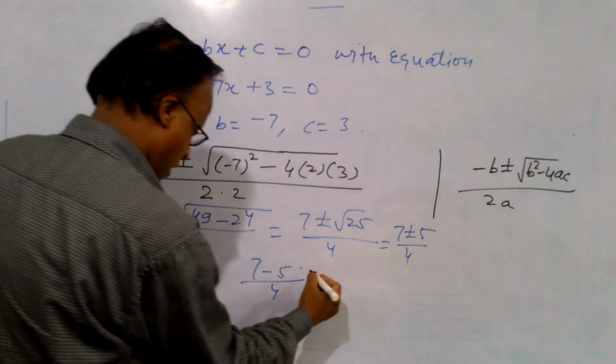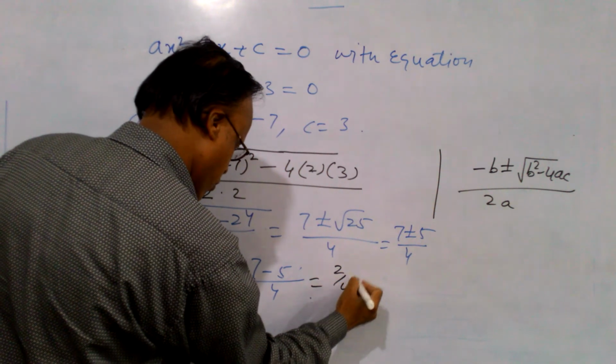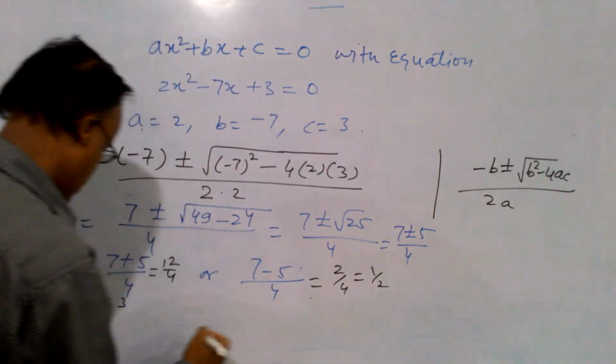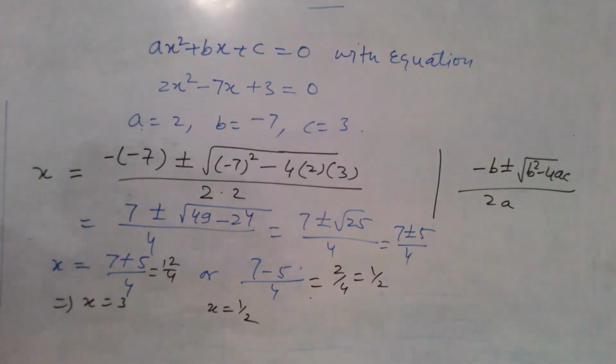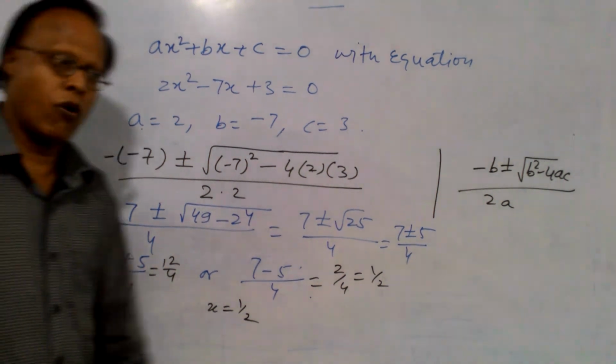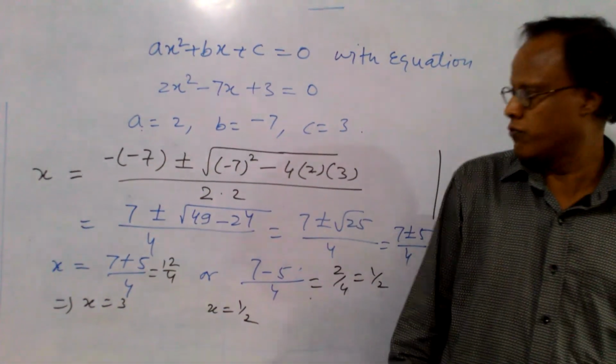And 7 minus 5 upon 4 means 2 by 4, which comes out 1 by 2. So x equal to 1 by 2. Hence the solution of the given equation is verified by the Sridhar Acharya formula. Thank you very much.